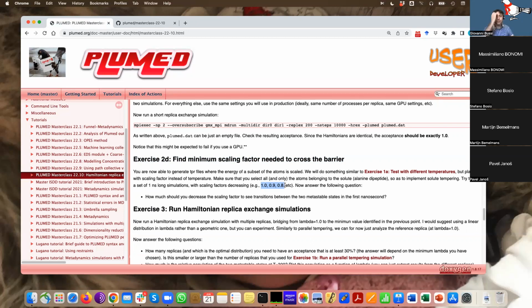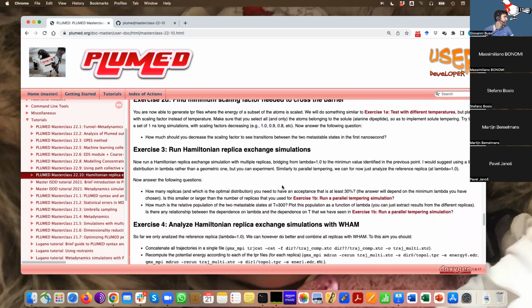And then run all these simulations for 1 nanosecond and see at which scaling factor you should go to see transitions. As I said, this method is not very suitable for a system with a large enthalpic barrier. So you will need to go to a very low scaling factor to see transitions.